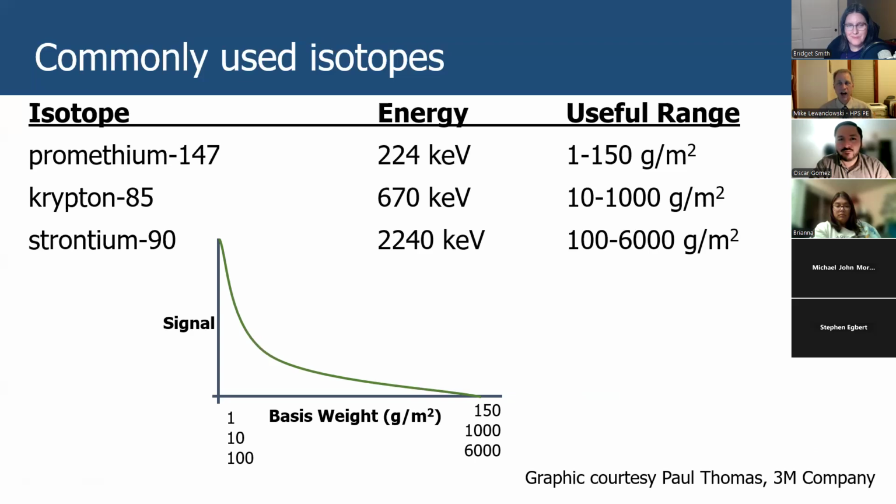We use a high energy beta particle, strontium-yttrium-90, with a maximum energy 10 times that, 2200 kiloelectron volts. And then krypton-85, which has a maximum energy about 670 kiloelectron volts. Those three isotopes let us measure over a useful range of basis weights. And basis weights are given in terms of grams per square meter.